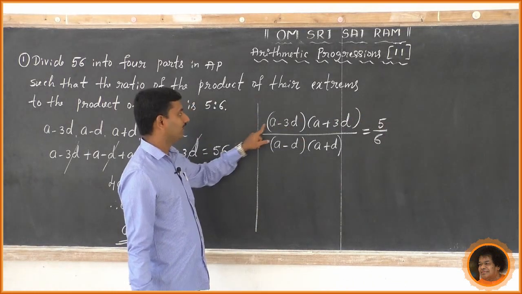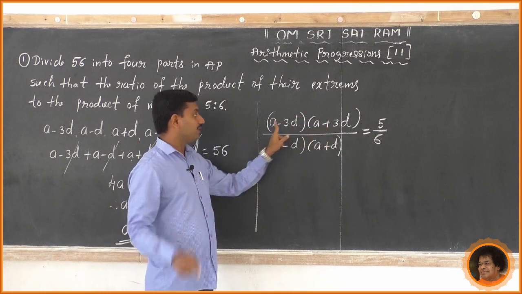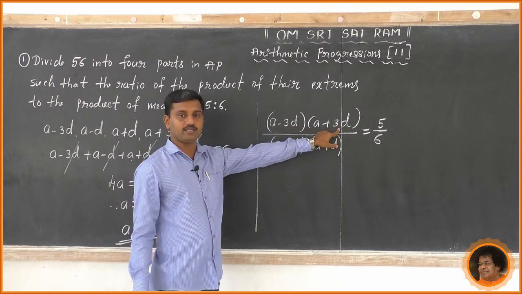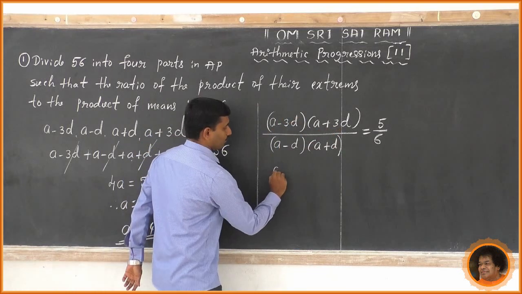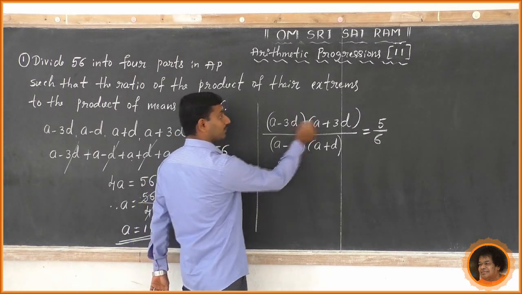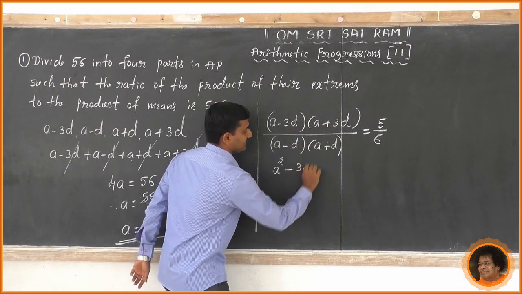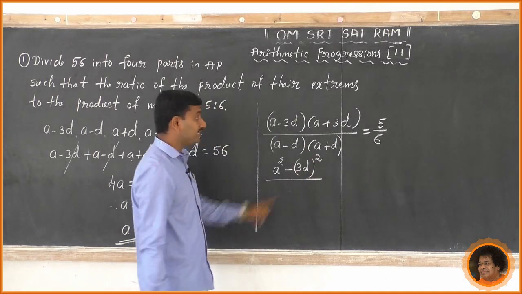Just look at the numerator, a minus 3d into a plus 3d, in the form of a plus b into a minus b, one of the identities. So a plus b into a minus b is a square minus b square. Here the value of b is 3d, so 3d whole square. Divided by a minus d into a plus d.